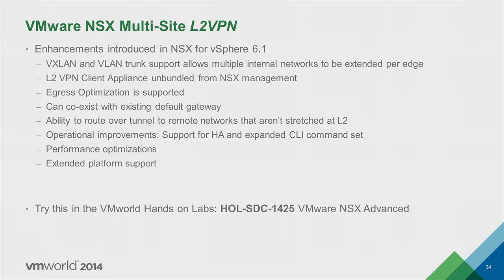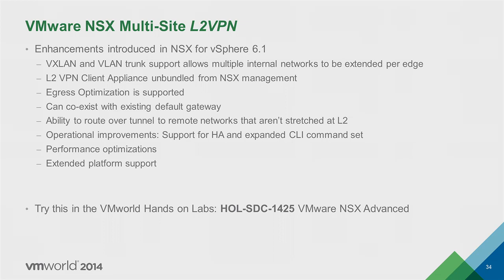It allows us to trunk multiple internal networks to be extended over an L2 VPN. In the past, we could only extend one network per L2 VPN tunnel. We've also unbundled the L2 VPN client from NSX management. It means that the solution will actually work without NSX on the client side, and technically, it will even work without vCenter server. You'll just lose some of the automation benefits. So we're really removing the barrier to adopting L2 VPN.